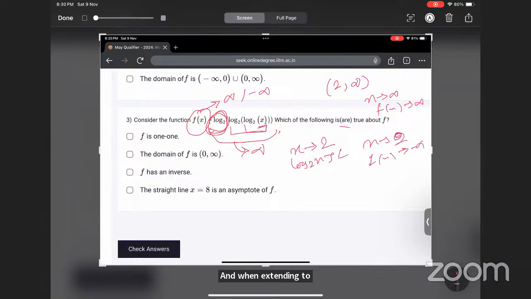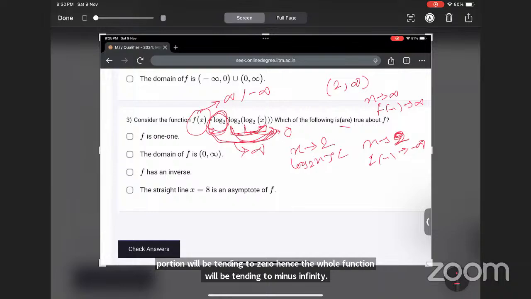When x tends to 2, the whole function gets 0, right, ma'am? This portion will be tending to minus infinity, and this portion will be tending to 0, hence the whole function will be tending to minus infinity.